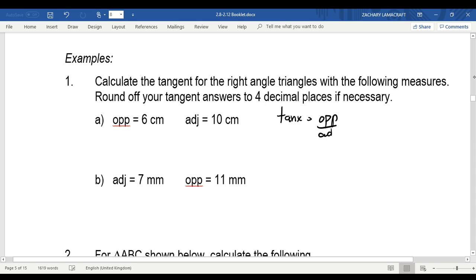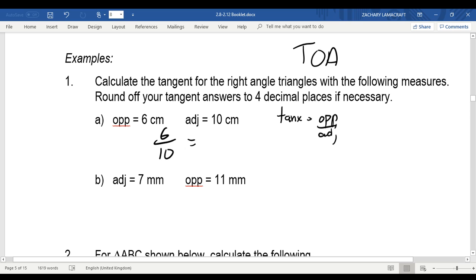Adjacent, yeah. So we always remember that by, what's our acronym? TOA, right? So just throw that right up at the top. We always know it. So what 2 numbers am I going to divide here? 6 divided by 10.